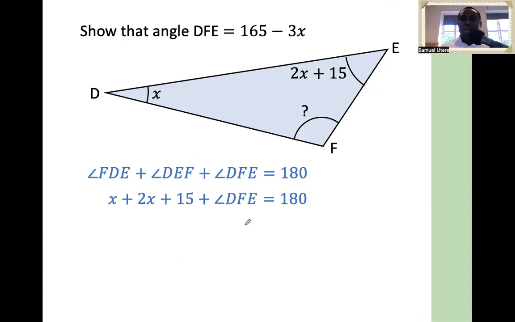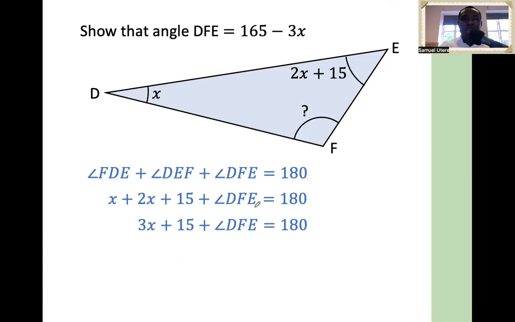Now, if we simplify this, this will be 3x, because x add 2x is 3x, add 15, plus this angle here that we're trying to prove, will be equal to 180 degrees. Remember, when solving equations, we're going to isolate what we are actually interested in.